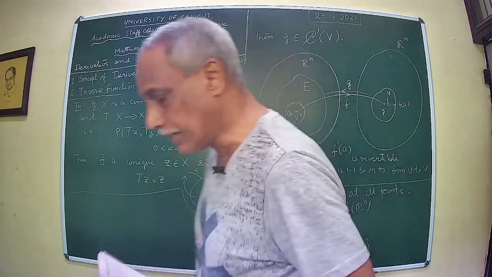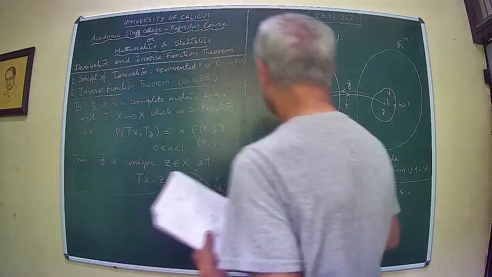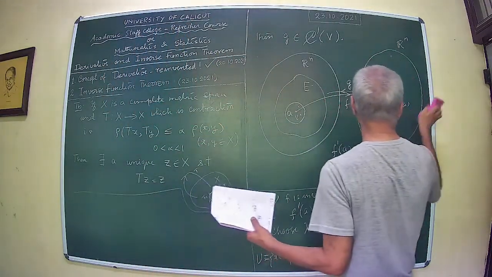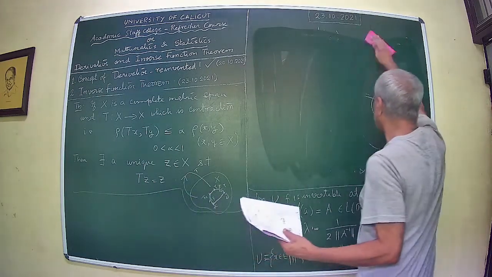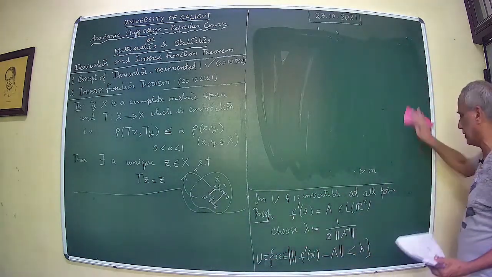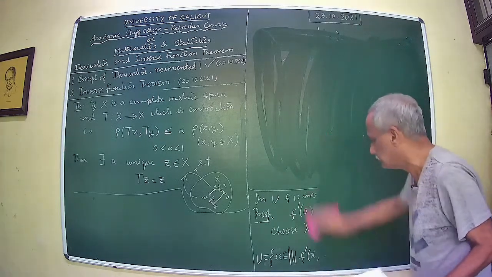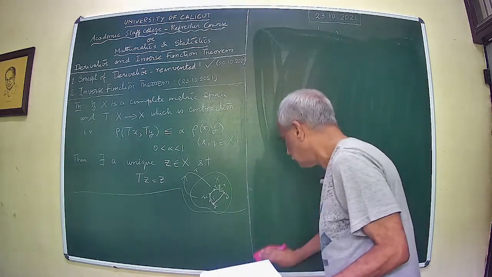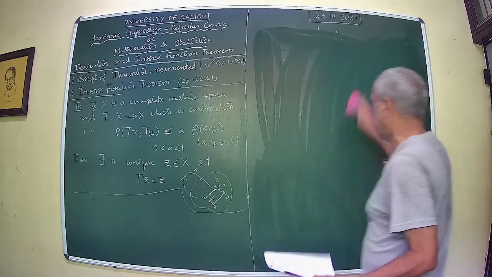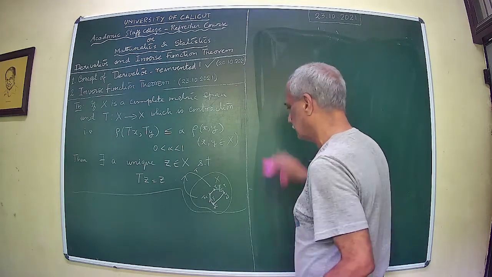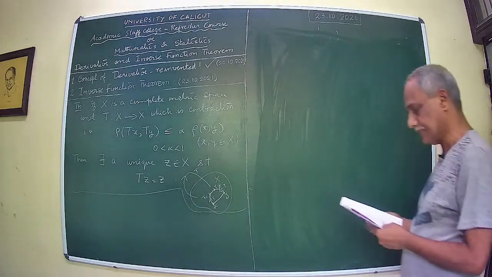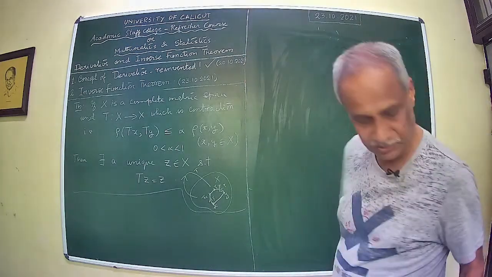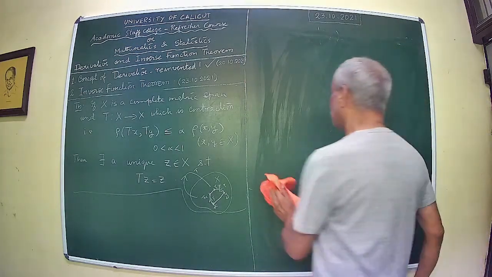Okay. Now let me draw another figure in the same space and then give an idea of this. So you devise a contraction mapping. This is the art. So this is essentially the construction that you have to do in this regard.